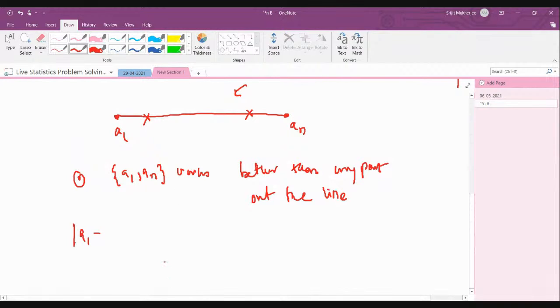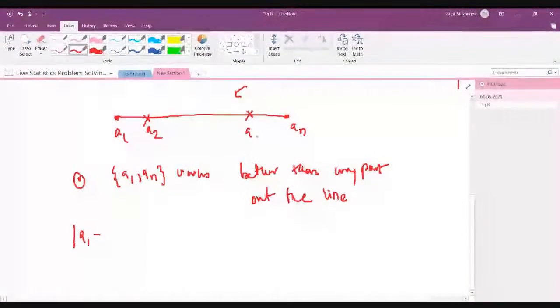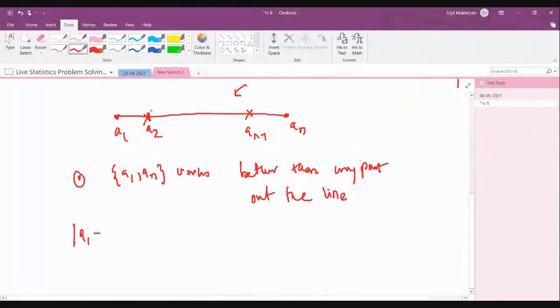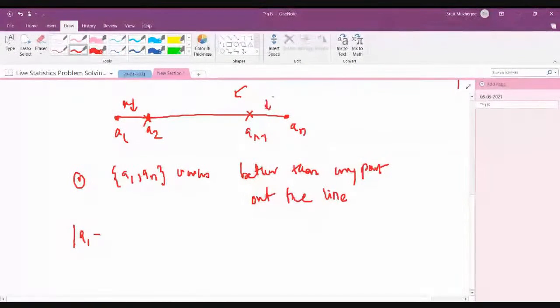Now this is very interesting, this is the most important step in fact. Let's take this second point, and this point. Let's take any point out here, x, and let's take any point out here, y.